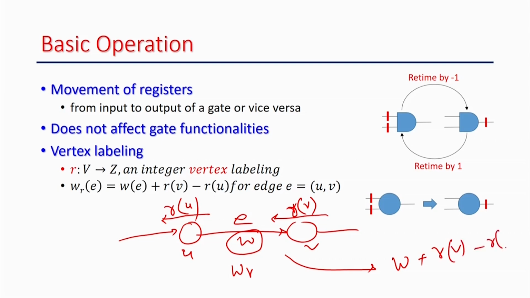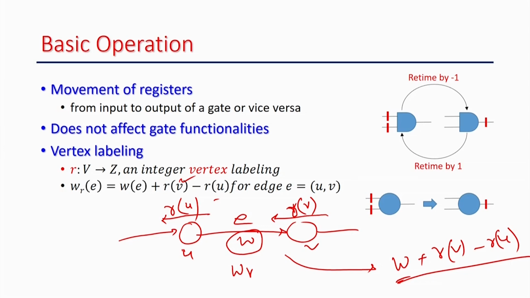So, after retiming, the number of registers on this particular edge will be given by W E, the actual weight of the edge, plus R V minus R U. So, number of registers coming in, minus the number going out, plus the original registers. That will give you the number of registers after retiming.